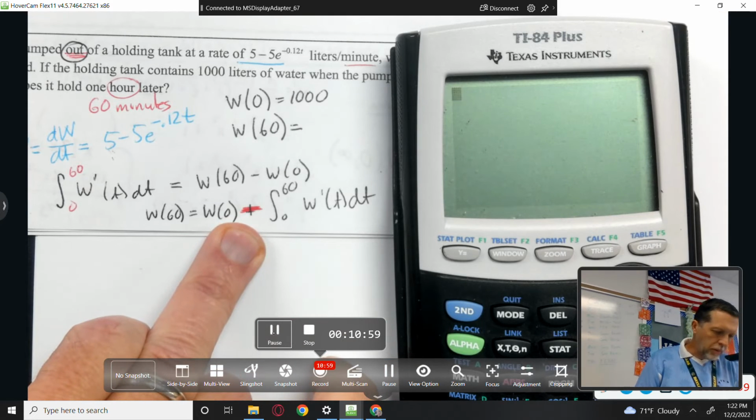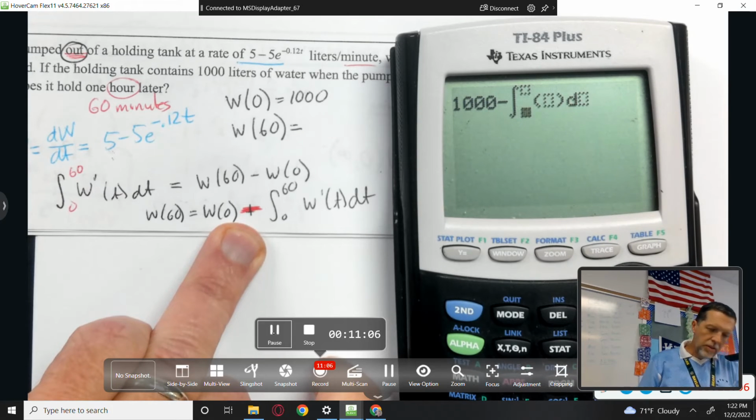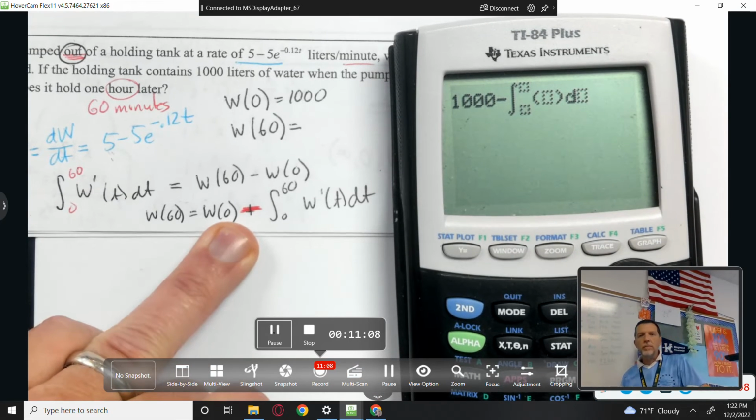So do I want to put it all in at once, or do I want to do it piece by piece? I think I just want to put it all in at once. So 1,000 minus math 9.